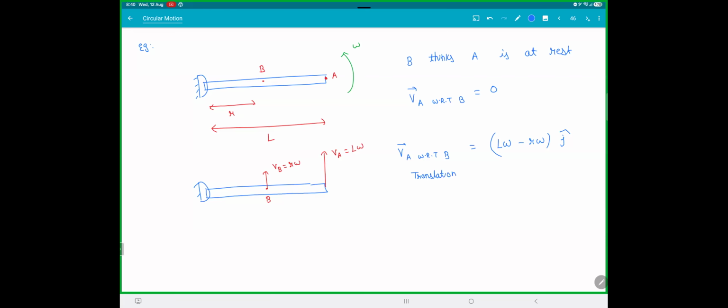We never cared about B rotating the head. The person B who's standing here, his head is also rotating. You're spinning. So we have to take the second part. Now look at this thing.